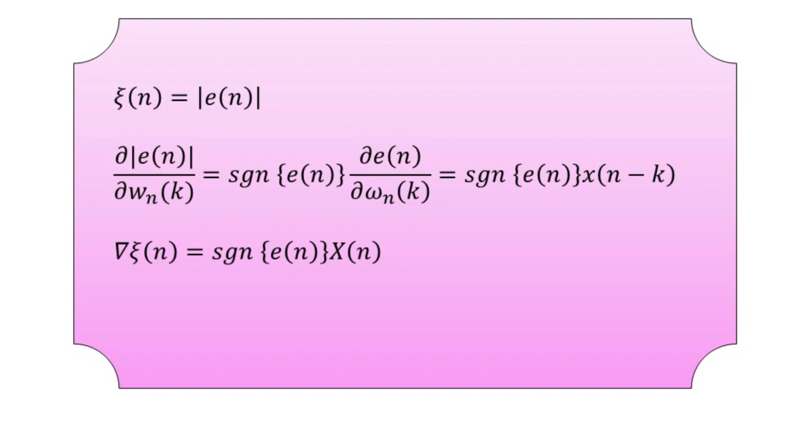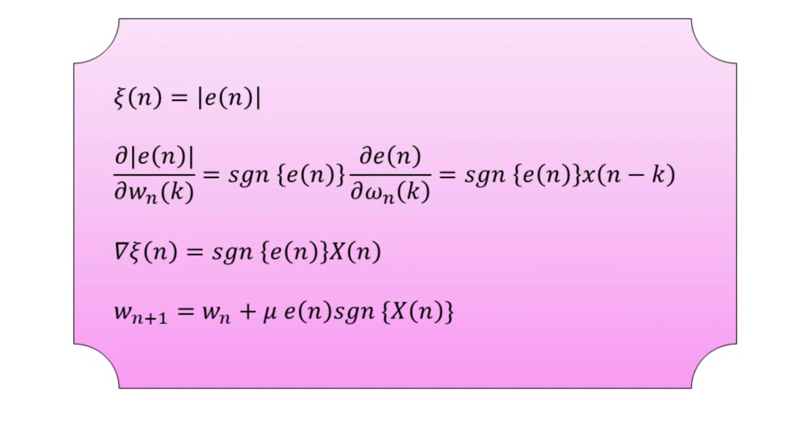For the data signal, the algorithm is described as w_{n+1} equal to w_n plus mu times the error signal e of n times the signum function of x of n. This is the sign data algorithm.